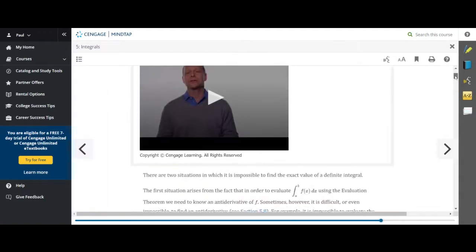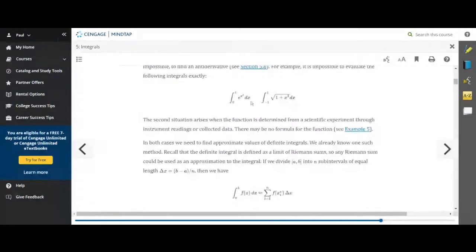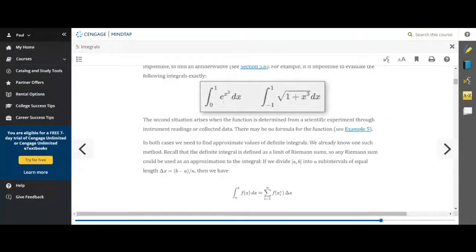It's called approximate integration. So, for instance, here are a couple of very famous integrals. Those integrals are impossible to integrate. Okay, 400 years has gone by and nobody has gotten the antiderivative for those integrals.